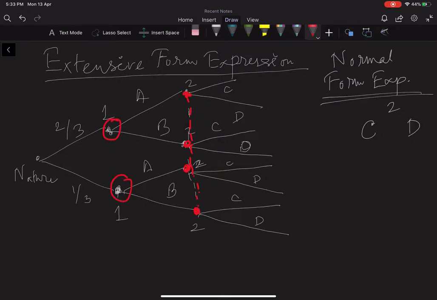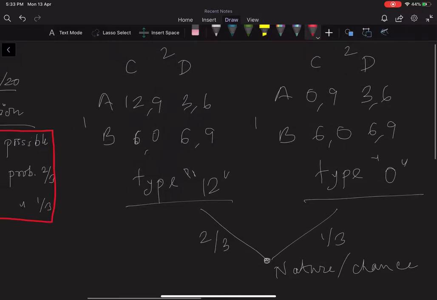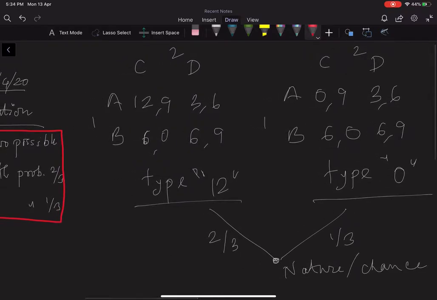So chance moves first, and then player 1 observes whether player 1 is of type 12 or type 0, and accordingly it chooses action. So its action can be type dependent, type contingent, correct? So by definition of strategy, if player 1 is of type 12, meaning that if player 1 is in this matrix, then player 1 can say, okay, I'll choose B.